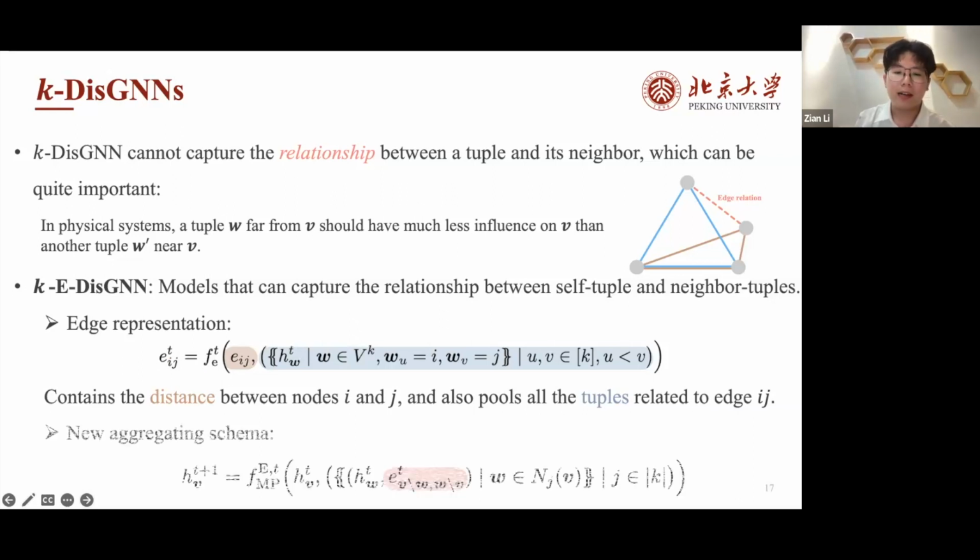And then we design the new aggregating schema by incorporating the edge representation into the neighbor tuples. And that's all about the framework of k-DisGNN. And in the following parts, we will show theoretically and in experiments the performance of our models.